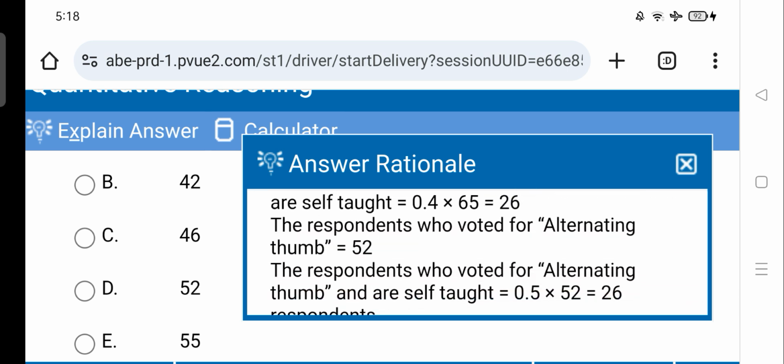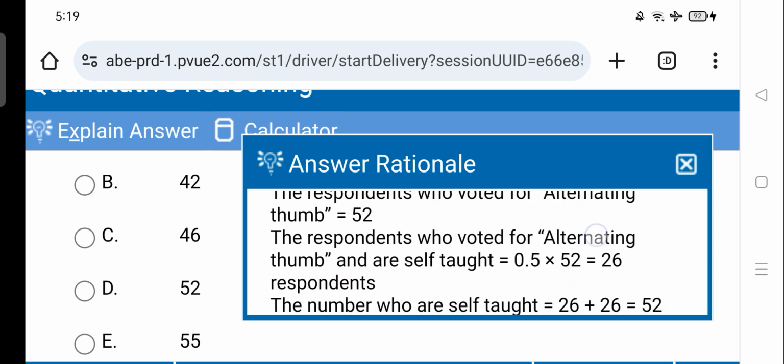The respondents who voted for alternating thumb equals 52. The respondents who voted for alternating thumb and are self-taught equals 0.5 multiplied by 52, which equals 26 respondents.